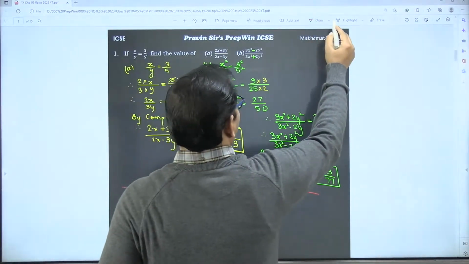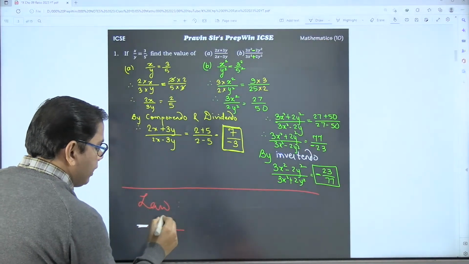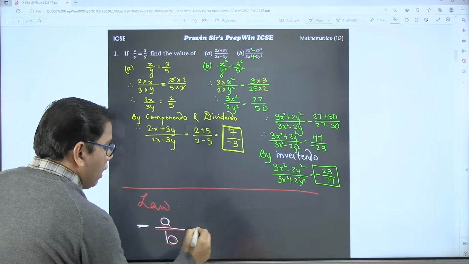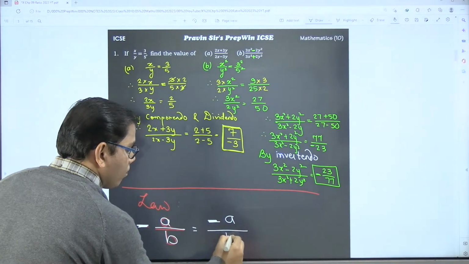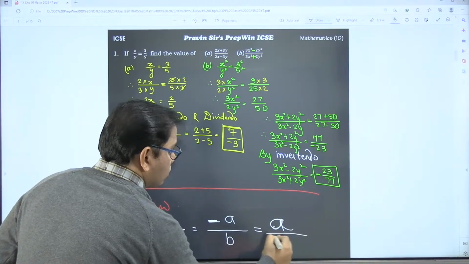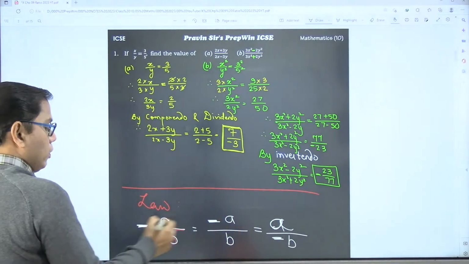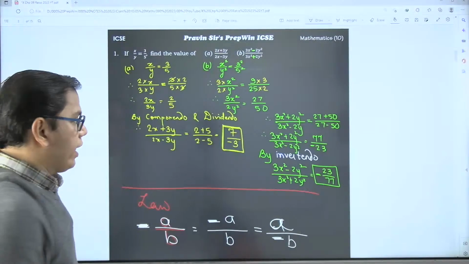Or should I change the color? Okay, I'll change the color to white. If your fraction is negative, you are allowed to write this negative sign in the numerator or in the denominator also. Or the best thing is just put a negative sign in front of the fraction.